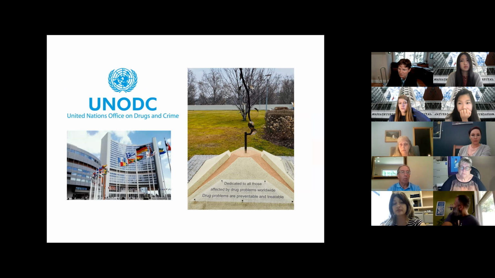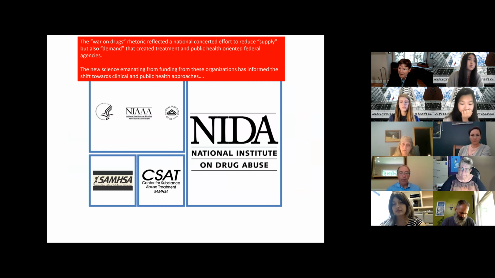And it says here, you can see on the right-hand side, dedicated to all those affected by drug problems worldwide. Drug problems are preventable and treatable. Again, this is outside the United Nations in Vienna. So there is a global shift happening, not just a national shift that's happened in the last 50 years towards broader public health emphases and approaches, which, as I'll talk about, has really come from our understanding over the last 50 years.